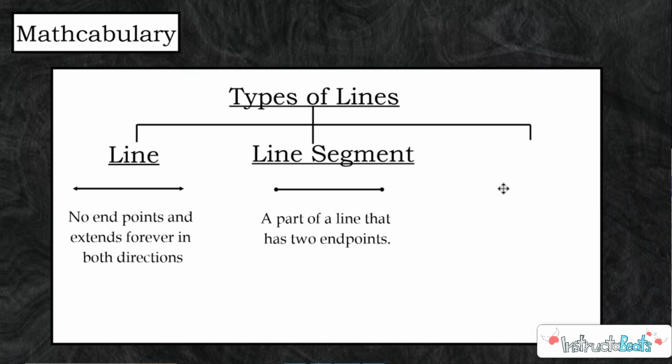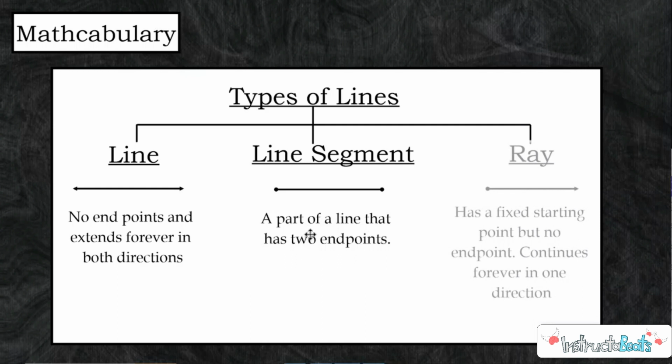And then our last one we're talking about is a ray. You can see a ray has a fixed starting point, the dot right there, but on the other end it has the arrow. So it has a fixed starting point but no endpoint. It starts somewhere and continues forever in one direction. Most of the examples I can think of in real life have to do with light.